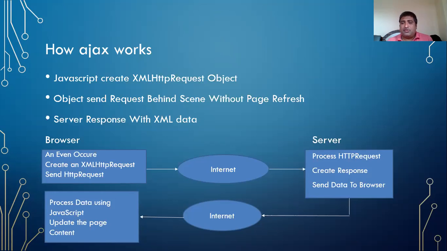Whenever it is sent to the browser, it is handled by the Ajax engine, and that data is sent in the form of XML, and we get the output on our screen. So this is the working of Ajax. Majorly, only JavaScript and XML are used here.